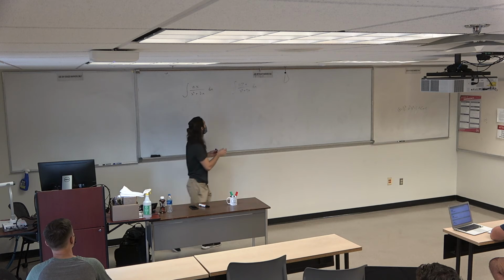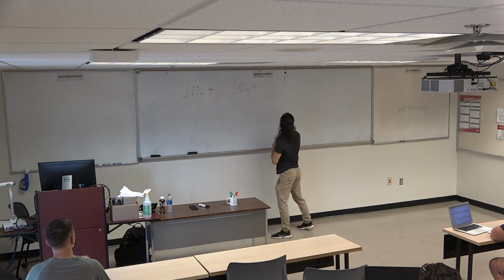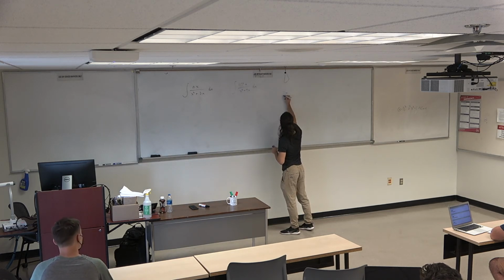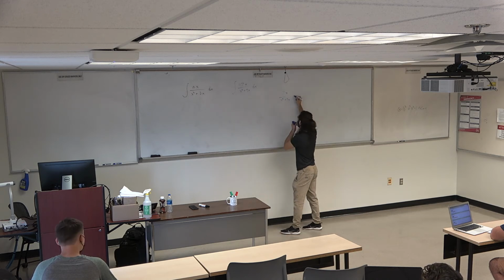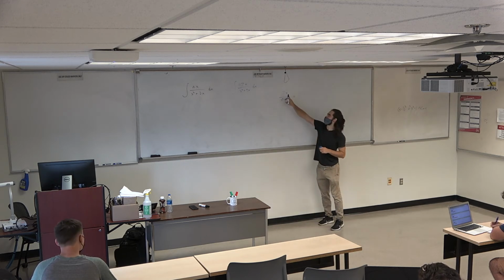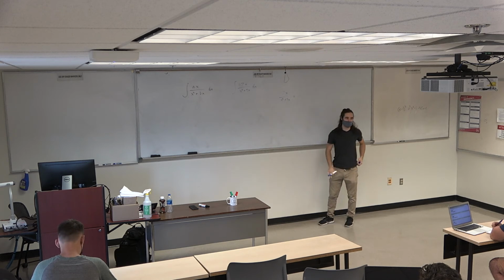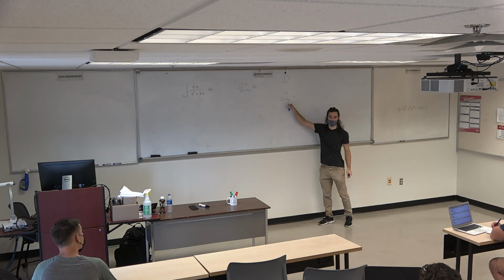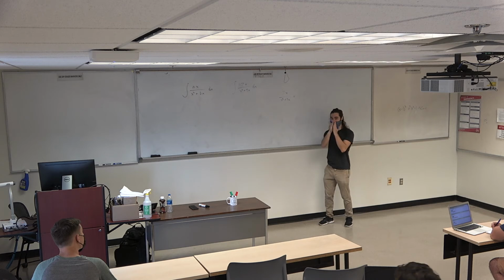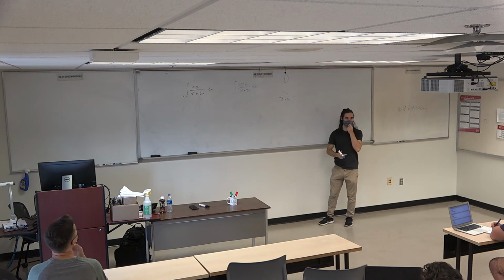So let's think about this one for a second. At first, I looked at this and thought that's kind of tough. We have a first-degree polynomial over a second-degree polynomial, and this one does have multiple terms, so you can't do the same split-it-up thing that we did in the first problem. You can try simplifying.